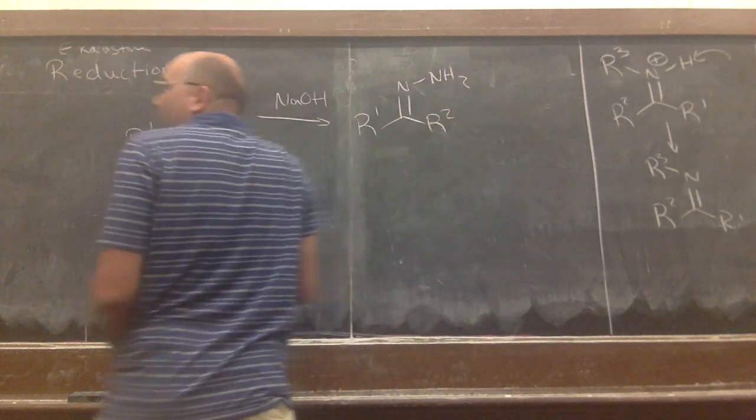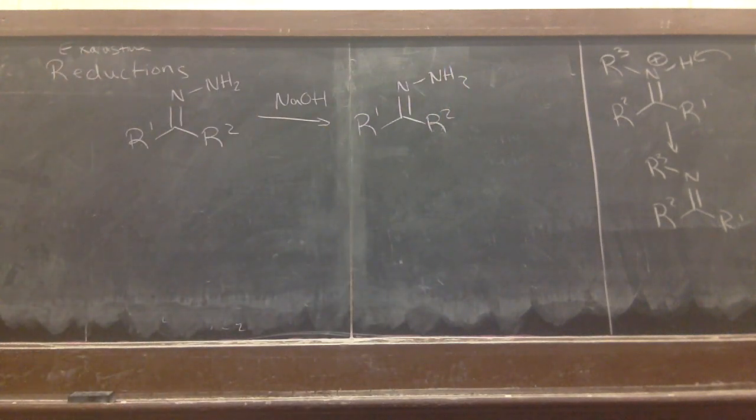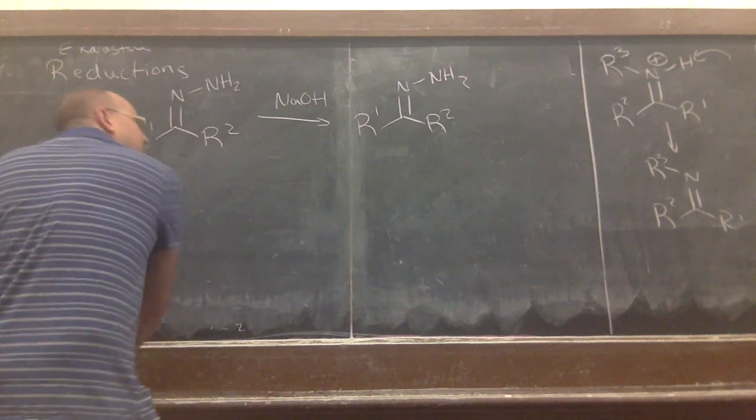Okay, now there's a number of different mechanisms that you can go through to do a Wolff-Kishner. I also find that there's one very highly simplifying first step. If you can see this first step, it might make this mechanism a heck of a lot easier.